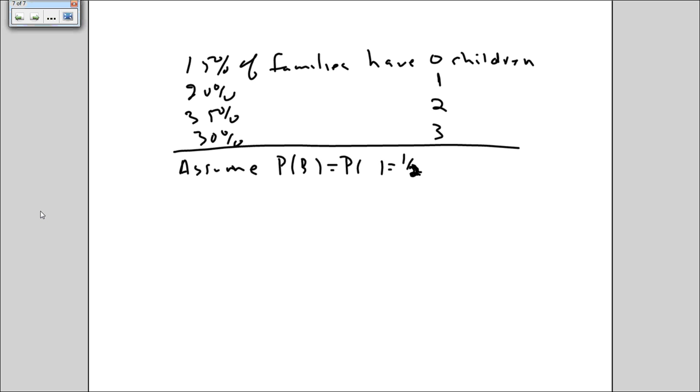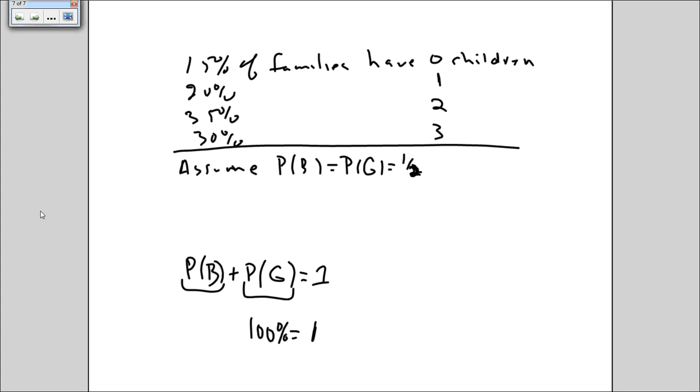Whether they're equal or not, the probability of having a boy plus the probability that you have a girl must be 100%. 100% of the times you're going to have a boy or a girl.